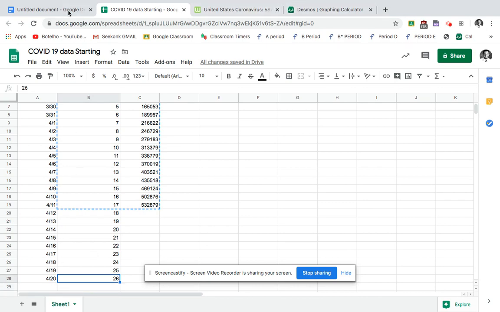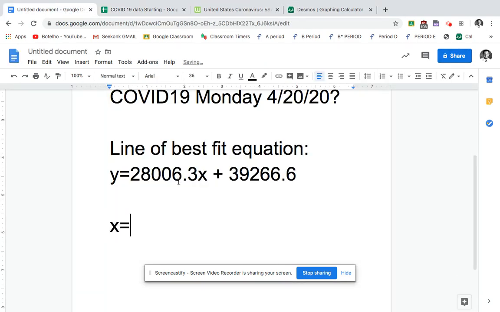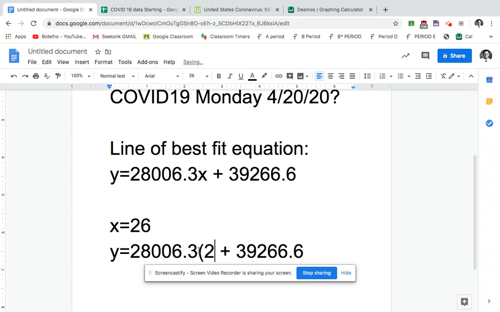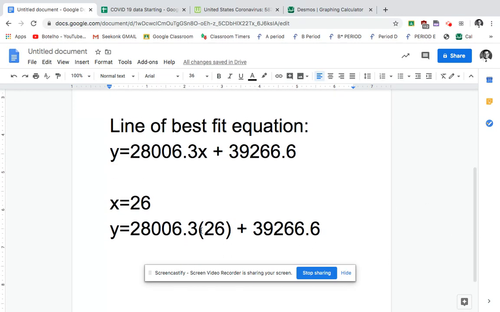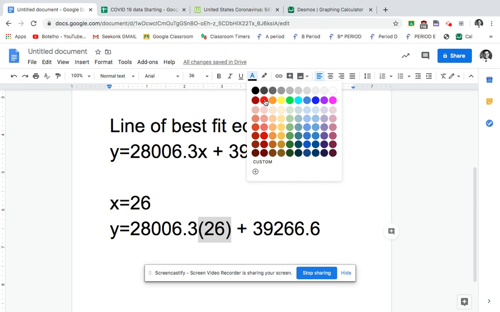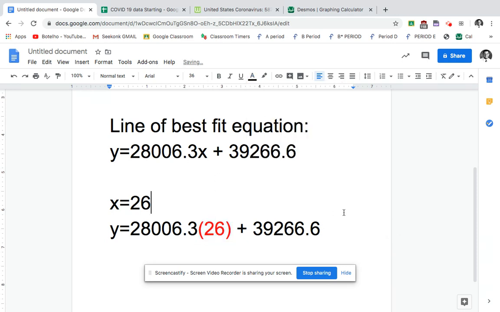So I'm going to put x equals 26 here, copy the function here, and substitute that in. I'm replacing this here. I'll even change the color to red, so you know I am doing this part.